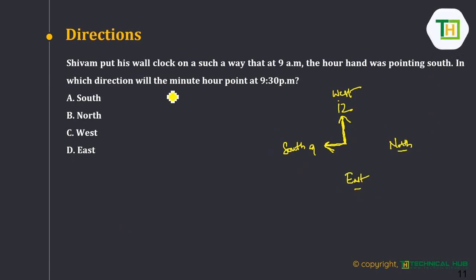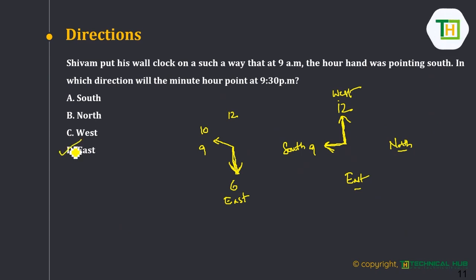In which direction will the minute hand point at 9:30 p.m.? At 9:30 the hour hand will be in between 9 and 10. This is 12 and this is 6. I know this direction is already east, so the minute hand is pointing in the east direction. Understand?